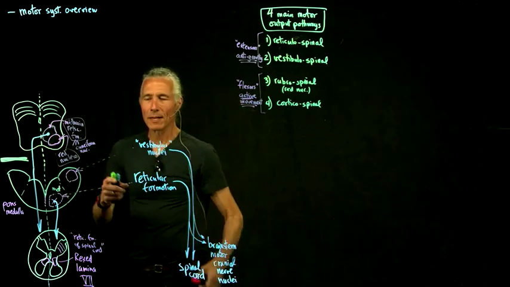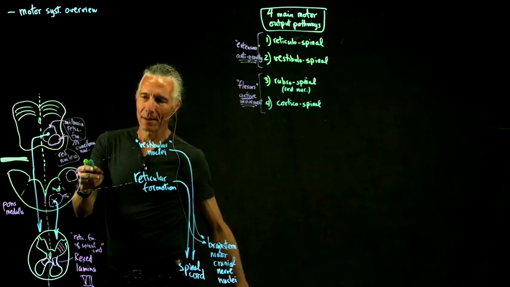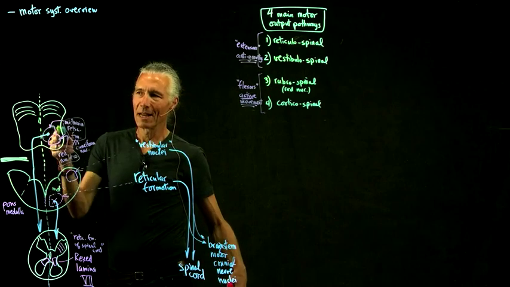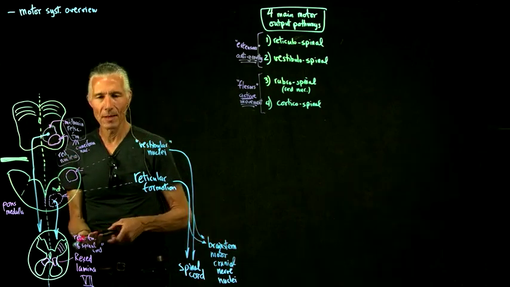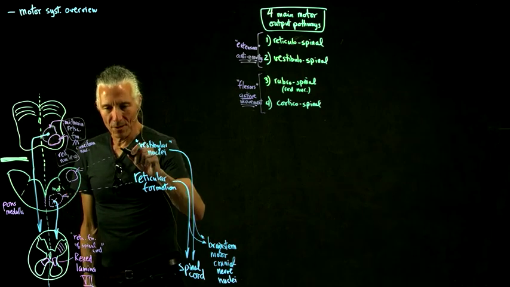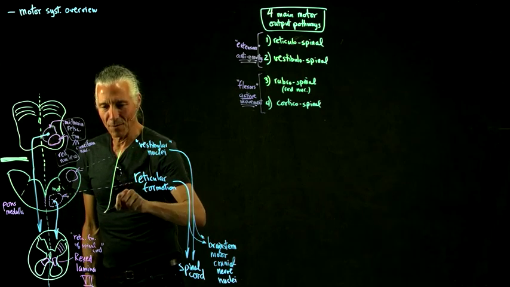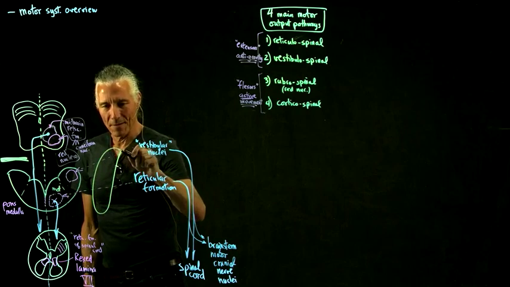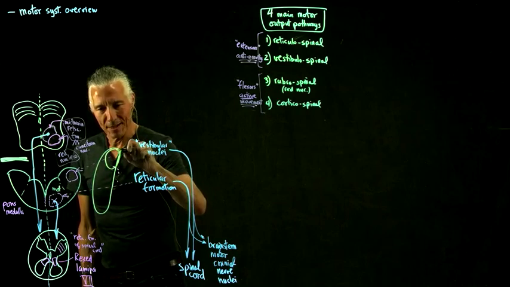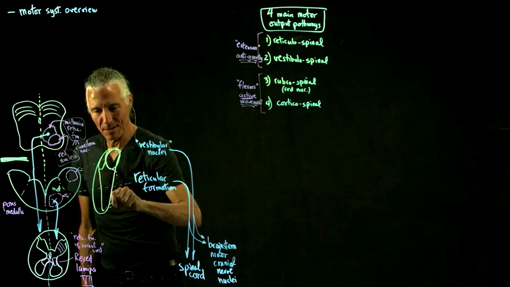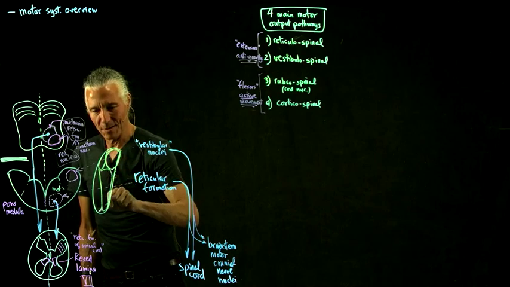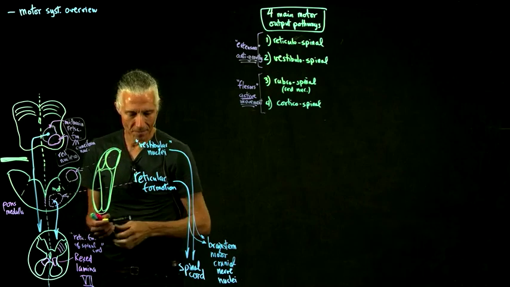If we look at them from the top, so this is an end-on view, sometimes called a transverse view, there's a bunch of vestibular nuclei. There are four of them. One with really big cells here, another with small cells, another that goes down here, and another that goes down here.